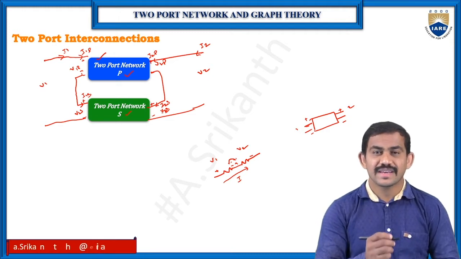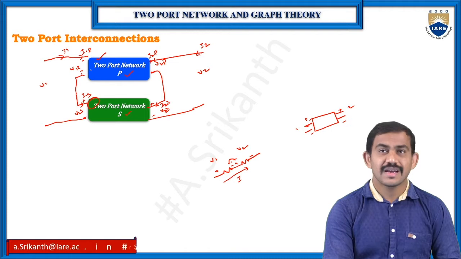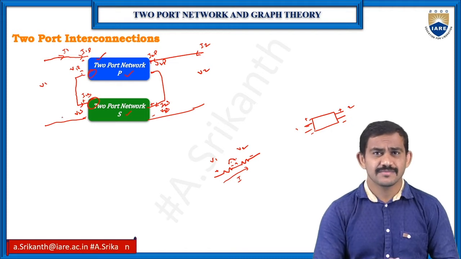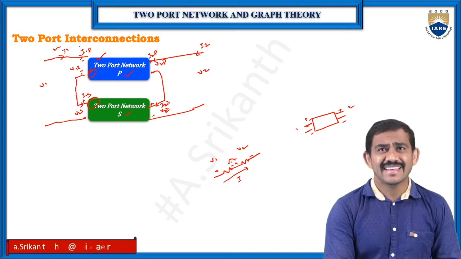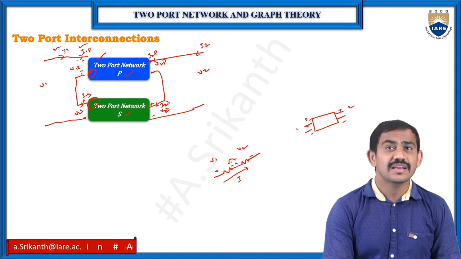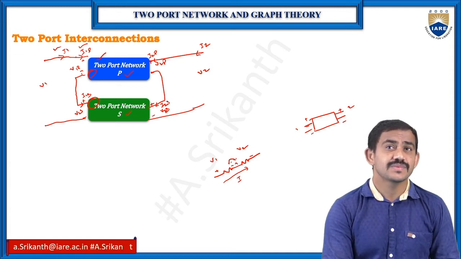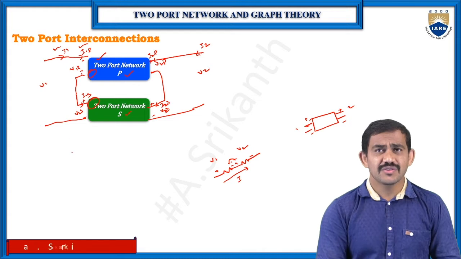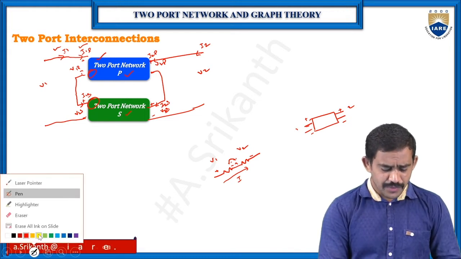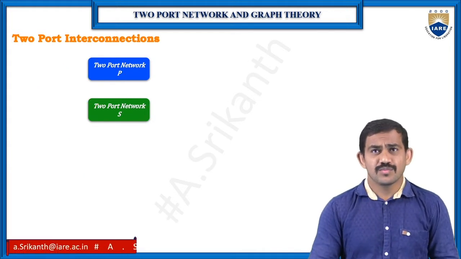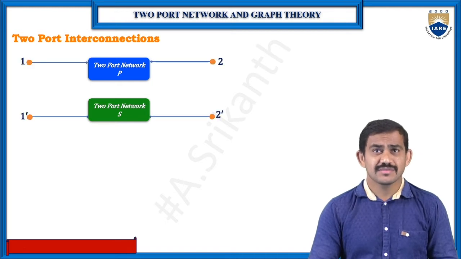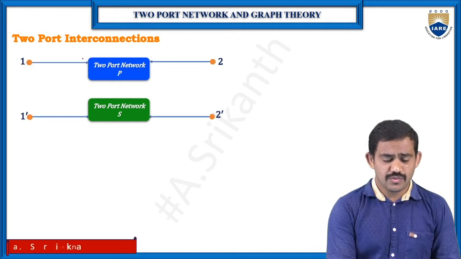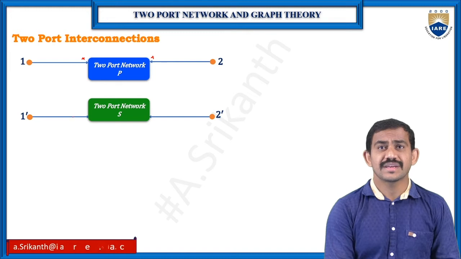So here positive and this negative, both are connected. The I1 current and the I1 of P current are the same, it's one line. Now we'll check the connections which we have. Both two-port networks have positive values and negative values.